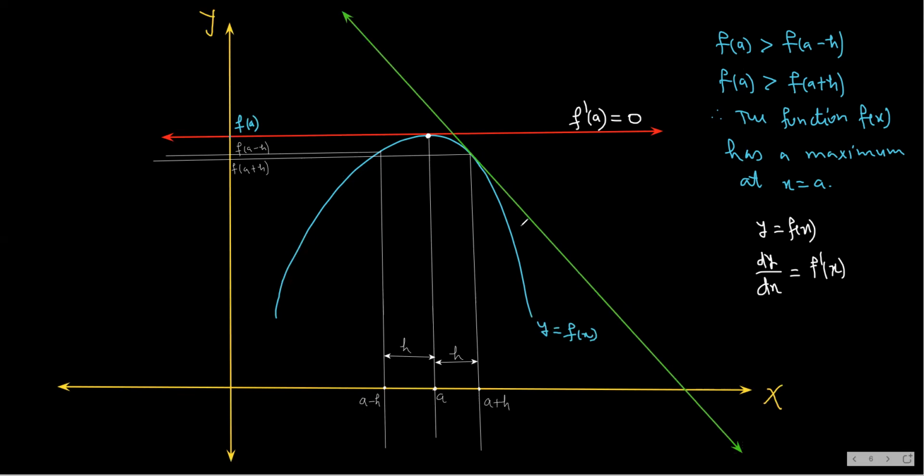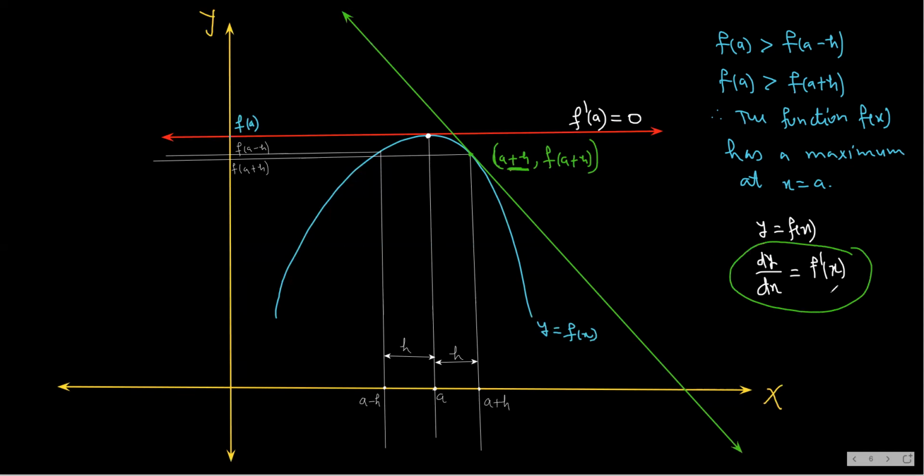I want the slope of this tangent. Very simple. You will substitute the coordinates of the point where the tangent is drawn in dy by dx. The coordinates are a plus h comma f of a plus h. X coordinate is a plus h, and y coordinate is f of a plus h.